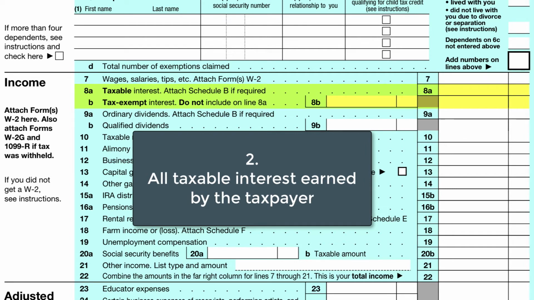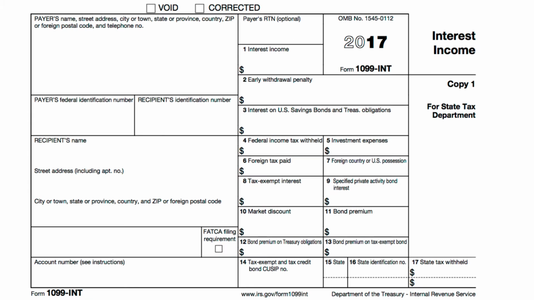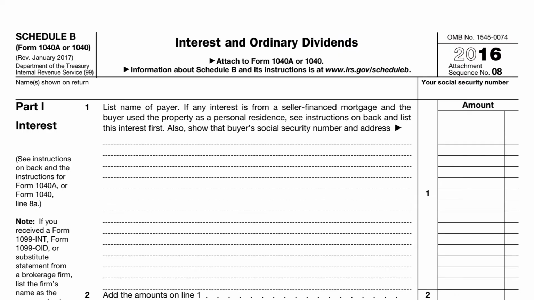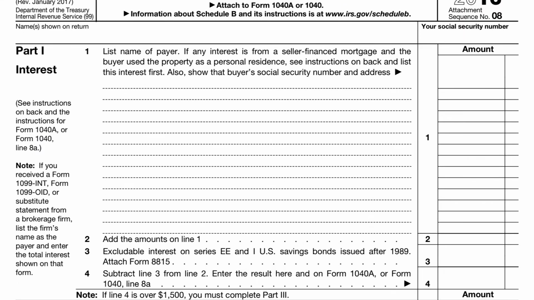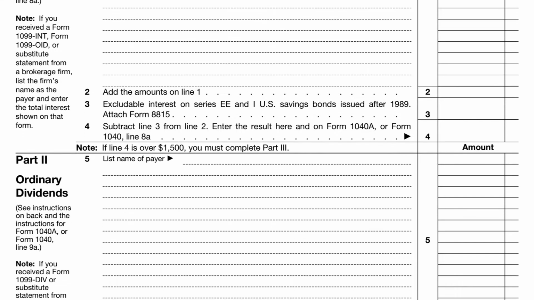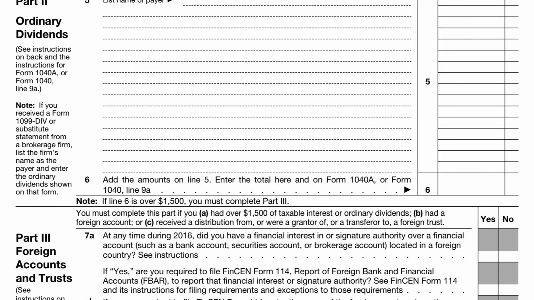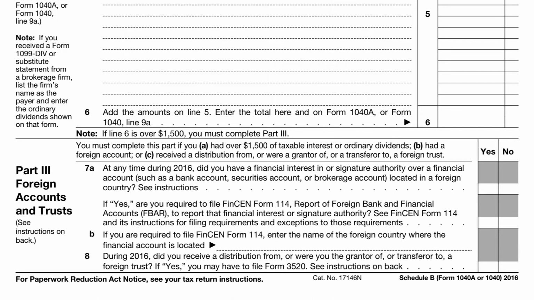Certain types of interest, such as those earned on municipal bonds, are tax exempt. These are typically reported by banks and brokerage firms to the taxpayer by a Form 1099-INT. Taxpayers who earned interest must also fill out a Schedule B with their tax information that details the interest earned.